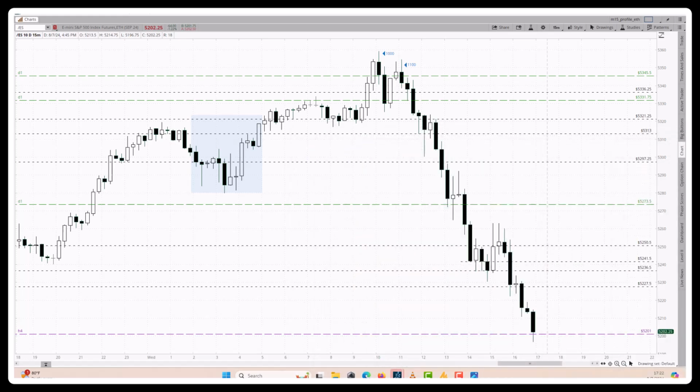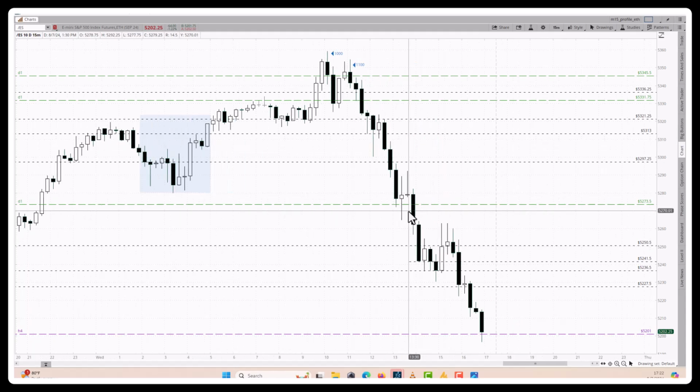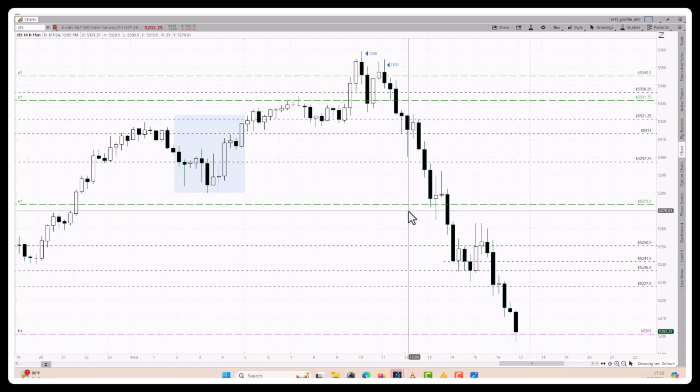So there's a false breakout at that level. We can see that it breaks, tests from above, and it breaks, and then it reverses, and now it breaks and then it reverses. Yeah, so that is a false breakout.